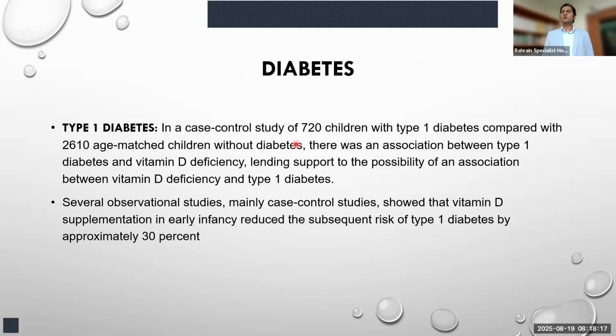Children with type 1 diabetes were shown to have vitamin D deficiency in their childhood. Studies have shown that early supplementation in infancy leads to lesser chances of getting diabetes, approximately 30%, which is a significant number.